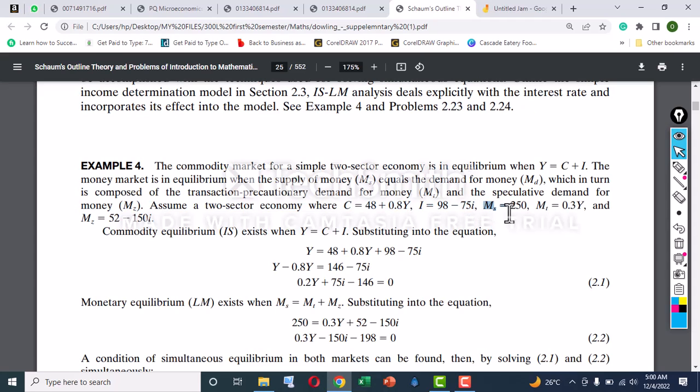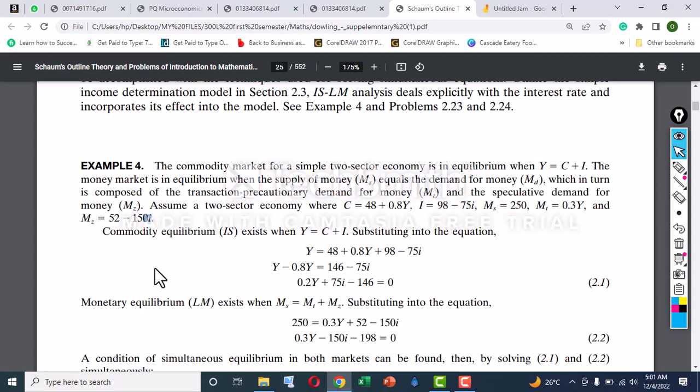This small i is simply the interest rate. So our big I is investment, C is consumption, Y is our national income. MS, which is money supply, is 250. MT, which is a component of money demand, is 0.3Y, and MZ, the other component of money demand, is 52 minus 150i. This i is still the interest rate.